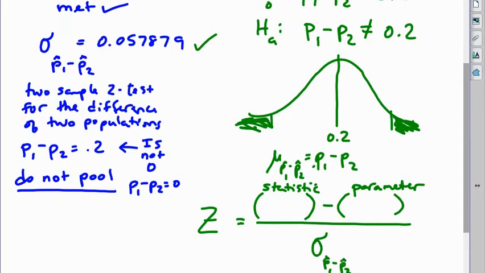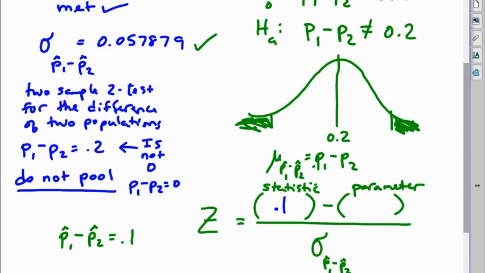So what's your statistic? Your statistic is your p1 minus your p2 with the hats. They said that they went out there and got 0.1. They didn't tell you what the individual values were. They just told you that they got a 0.1. So we're going to put that 0.1 right here.